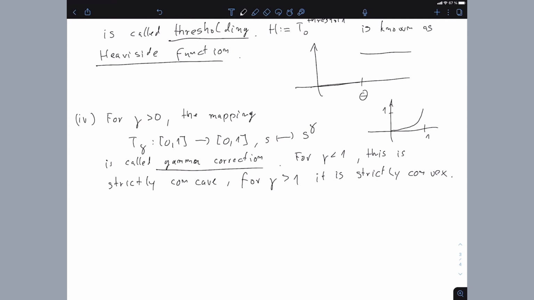Here, this is gamma bigger than 1. That's gamma 1. And that's gamma smaller than 1.